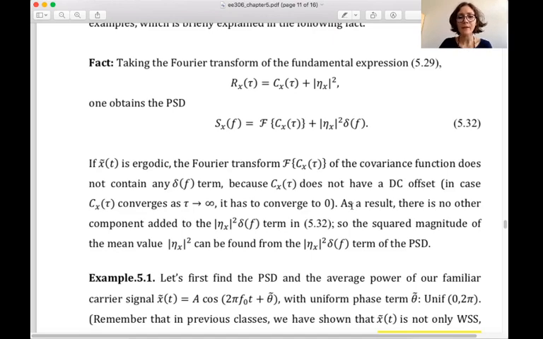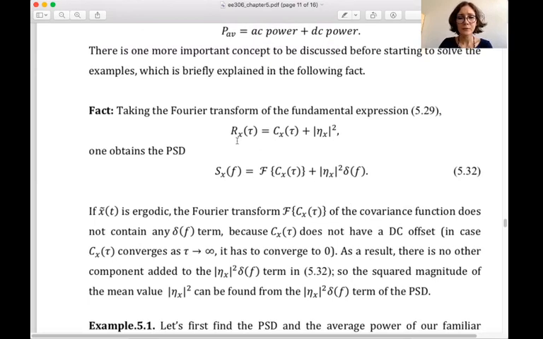If you have an ergodic process, and you look at the Fourier transform of this equation, obtained as in here, the trick is that the first term on the right-hand side will not contain any impulses at f equals 0. It could contain impulses for other frequencies, but at f equals 0, the DC part, it will not contain any impulses. All the impulses will be present in the second term, which comes directly from the DC part of the random process.